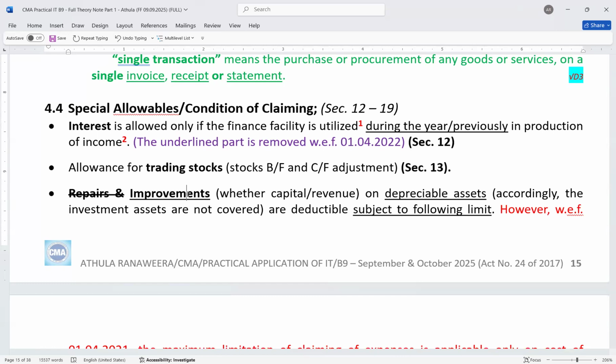What it says, interest is allowed only if the finance facility is utilized during the year or previously in production of income. Now, under this, suppose a company obtains a bank loan and gives that money to the managing director to buy a house, free of charge, giving a loan to the managing director to buy a house.